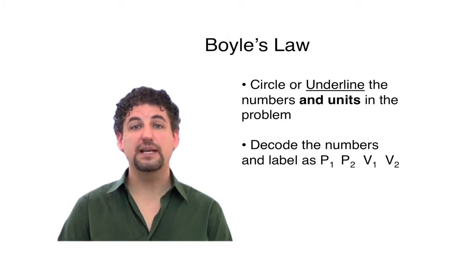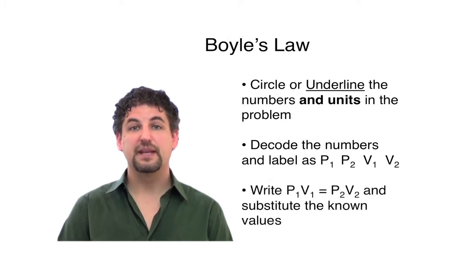Solve by plugging in the known values and then find the unknown value, the one that's missing. Okay, and make sure that you practice writing the equation every time, because that will cut down on your memorization. You won't have to memorize as much if you keep writing down the equation before you begin substituting in the values. All right, that's all I have for now.